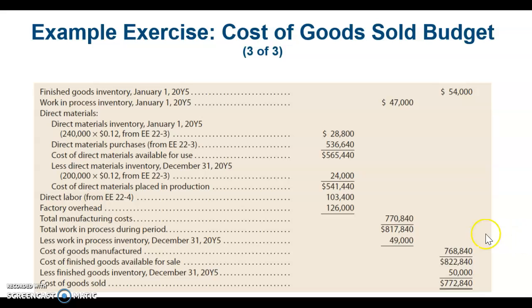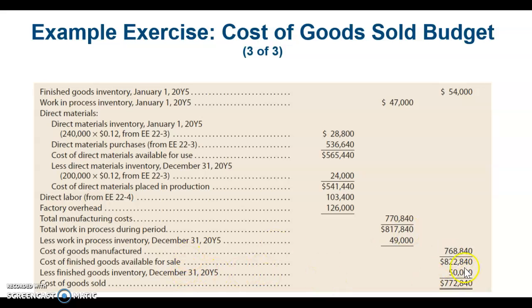After we have our cost of goods manufactured, we can calculate our cost of goods sold. Start with beginning finished goods inventory. This is given to us. Plus your cost of goods manufactured will give you your finished goods available for sale. Subtract out your ending finished goods inventory, and that will get you to your cost of goods sold.